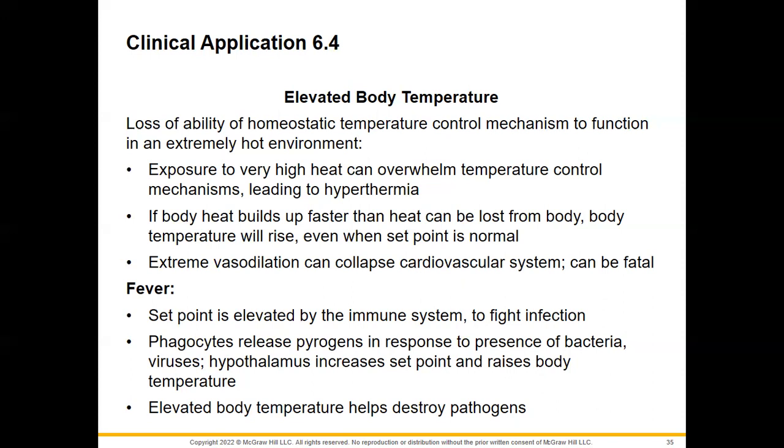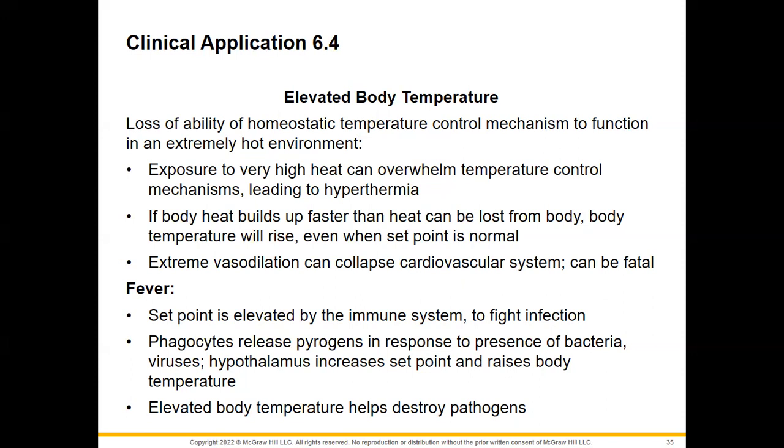When temperatures get very high, the body is desperately trying to get rid of some of that heat, so it opens up those blood vessels. But if too many blood vessels open up too soon, you still have the same amount of blood, so your blood pressure will get much lower because you don't have enough blood to fill the widened spaces in the blood vessels. That is what can kill a person.